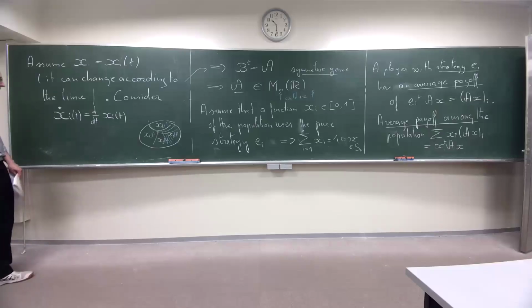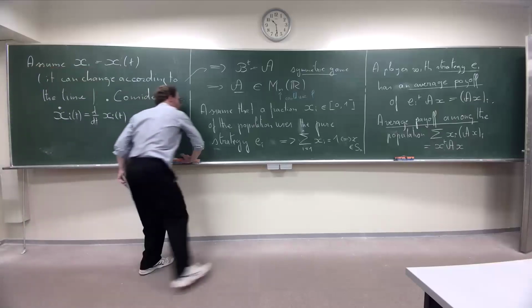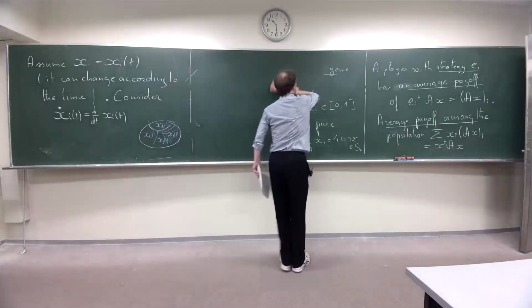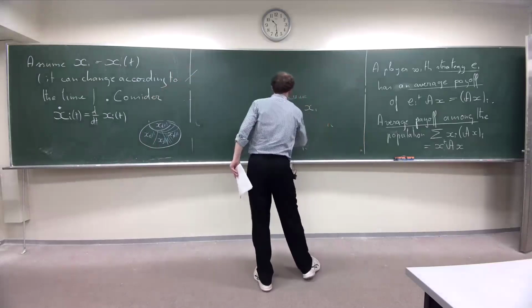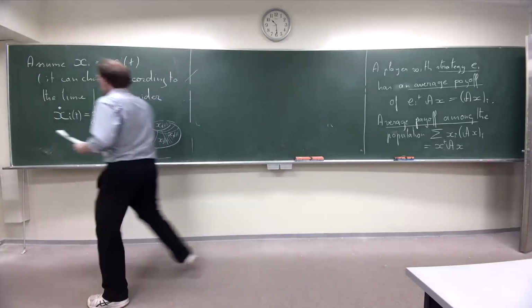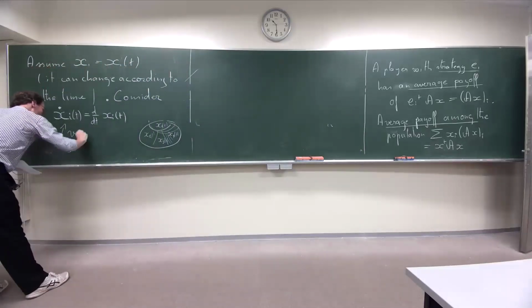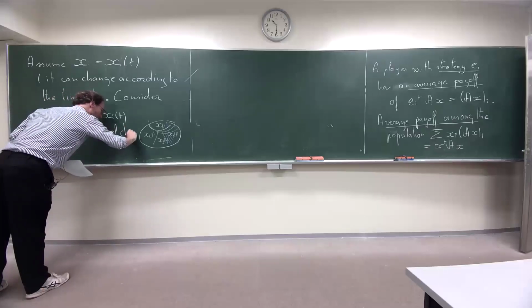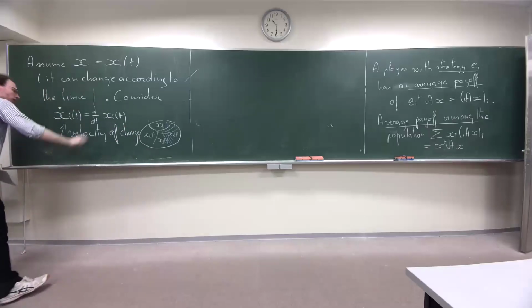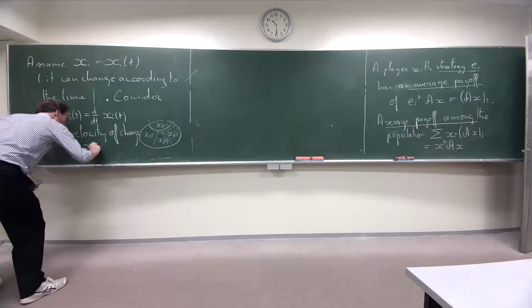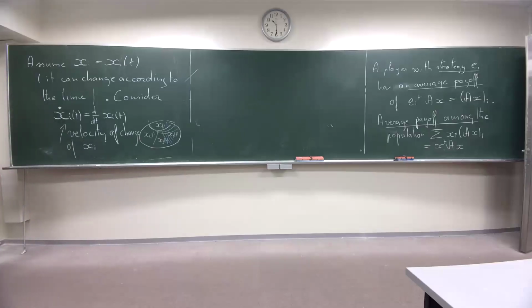Okay. And if we have this notion of derivative, one thing is very natural, this ratio. This represents the velocity of change of the fraction xi. If the derivative is big, it means xi is changing fast.